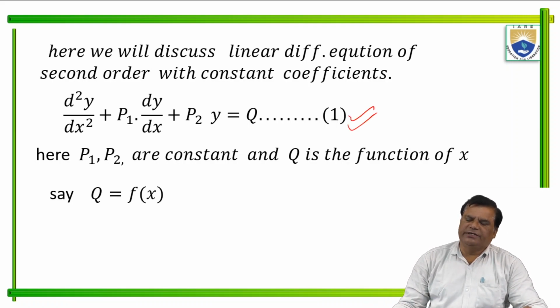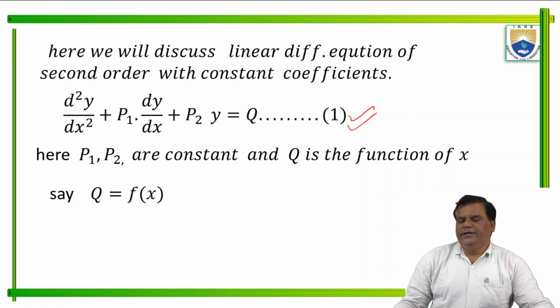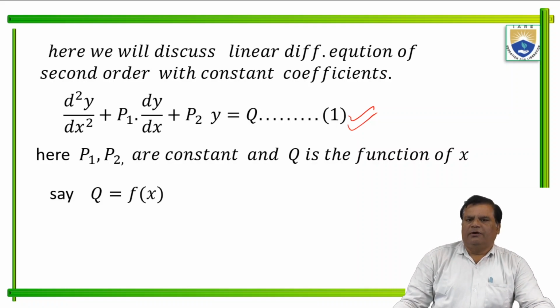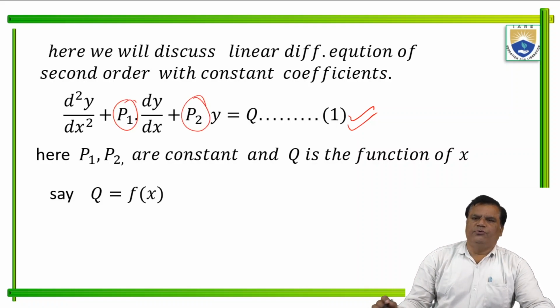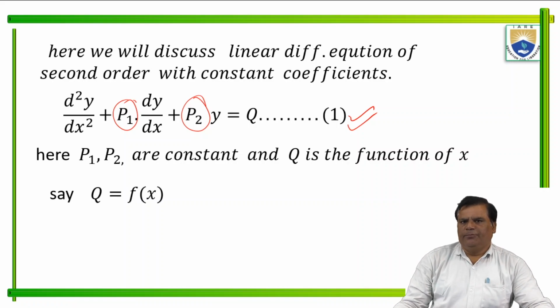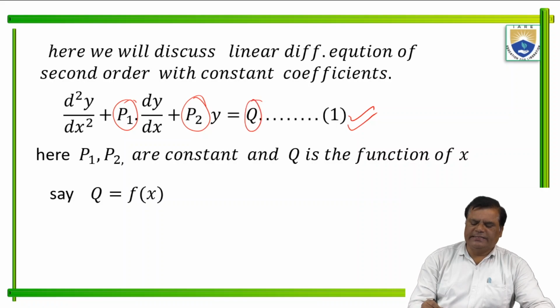In this equation, P1 and P2 are numbers, P1 and P2 are constants. But on the right hand side, Q is a function of x only. Here Q is equal to f(x).